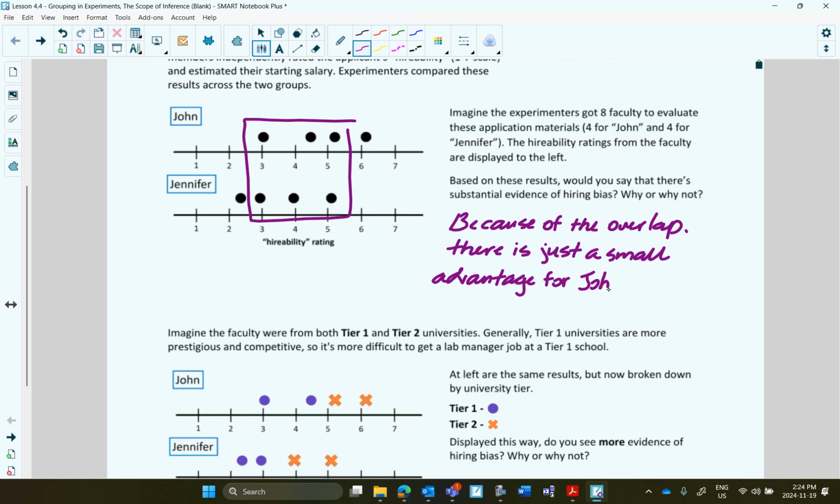And that could be due to the variability in the faculty members, not because of hiring discrimination or hiring bias. So we would say no real evidence of hiring bias or discrimination.